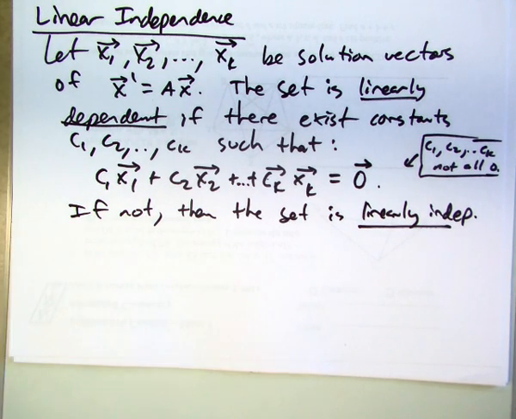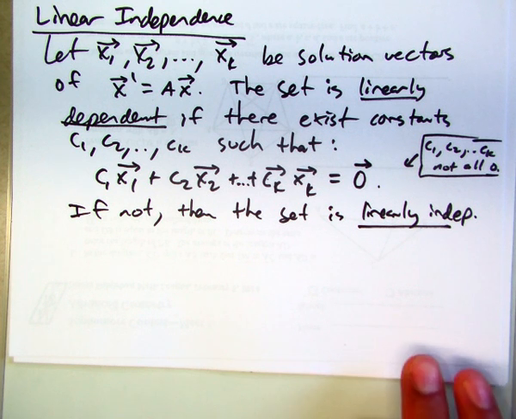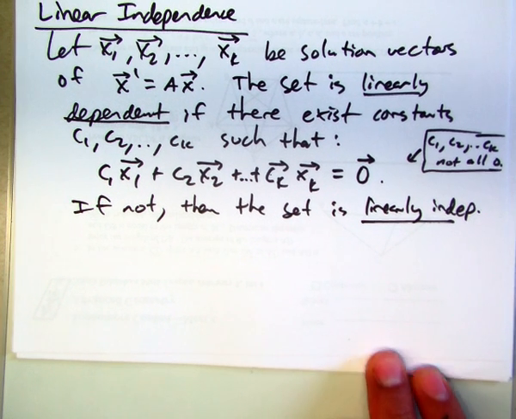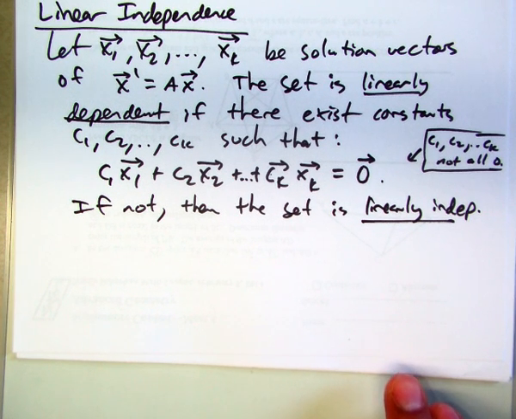As long as one of the solution vectors can be combined using the rest of them, same idea, we get linearly dependent.